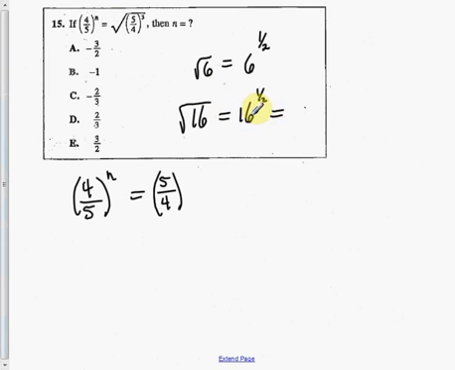So you say 16 is 4 squared, raised to the 1/2 power. If you have a power raised to a power, you multiply the powers. So you get 4 to the 2 times 1/2. 2 times 1/2 is 1. That's why the square root of 16 is equal to 4, because it's all in the power.